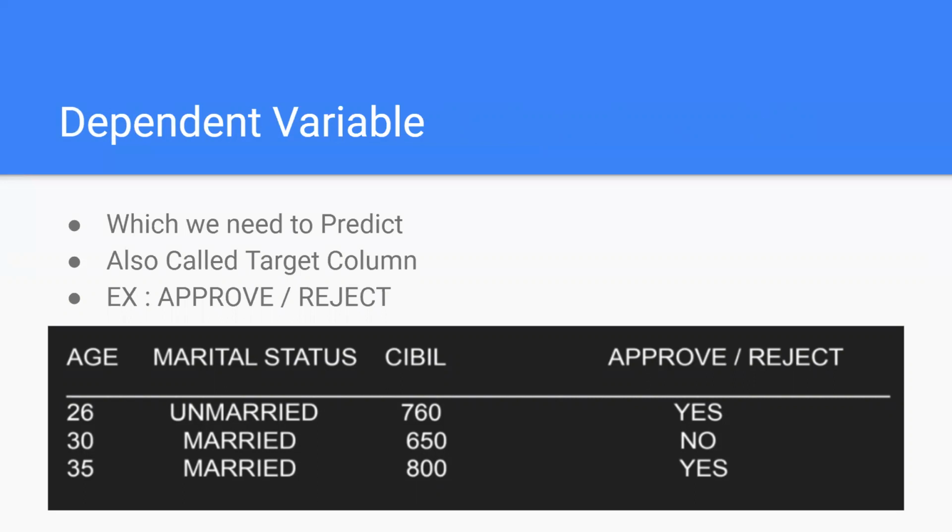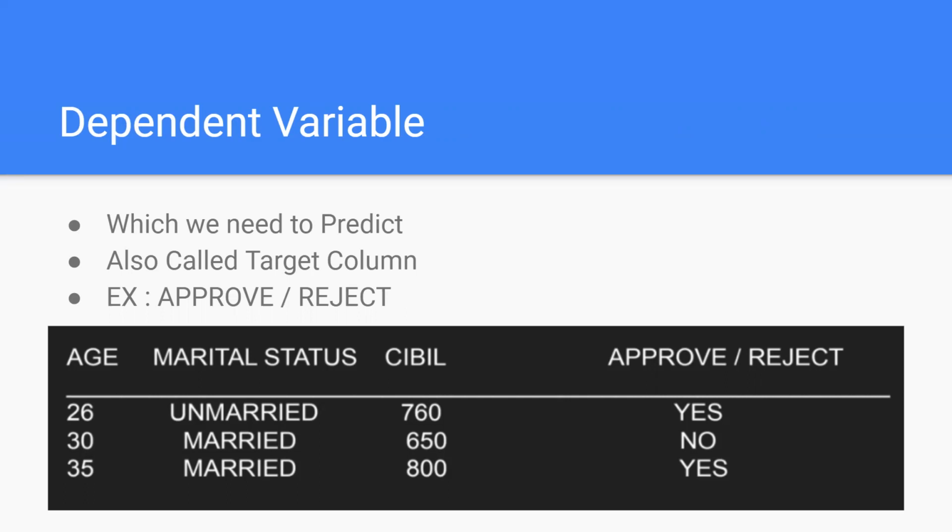Dependent variable is something which we need to predict during machine learning model building. This is one of the features, sometimes the one and only feature, that we need to predict. The feature which we need to predict is the dependent variable. Sometimes we call it the target variable.